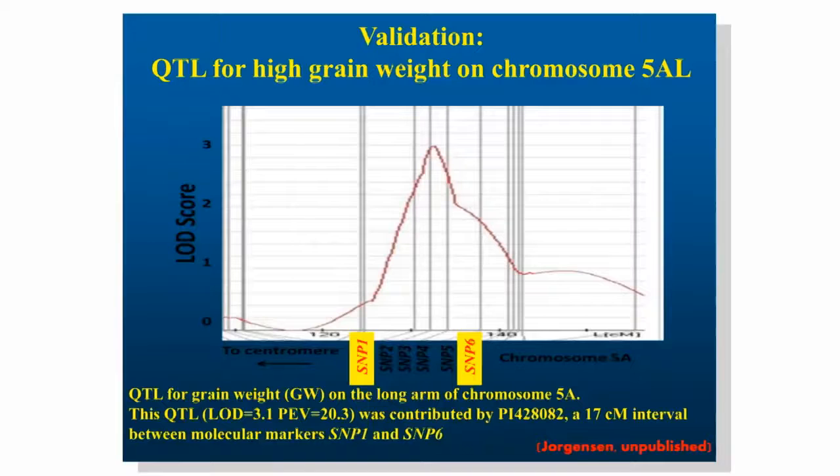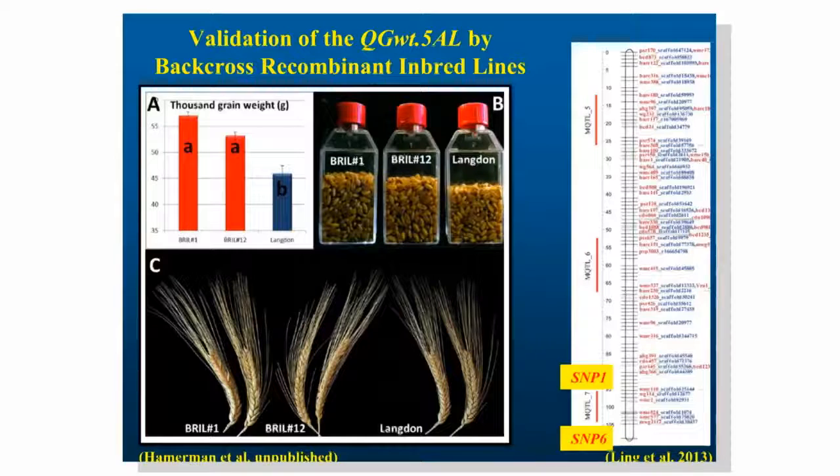We identified a QTL for grain weight on chromosome 5AL. And this mapping was done, and the flanking markers are SNP1 and SNP6 that define a 70 centimorgan region on chromosome 5AL. And we validated this QTL using near-isogenic lines.